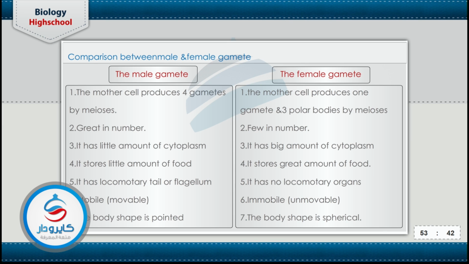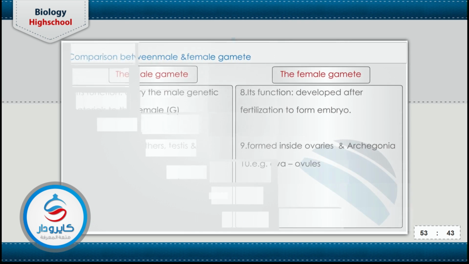The male gamete is mobile due to the presence of a movable organ, but there are no movable parts in the female gamete. The body shape of the male gamete is pointed, but the body shape of the female gamete is spherical. That's the comparison between male and female gametes. The next question.